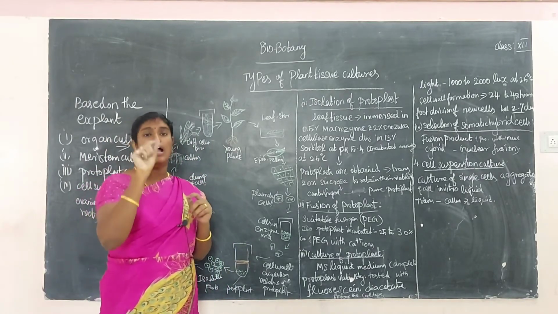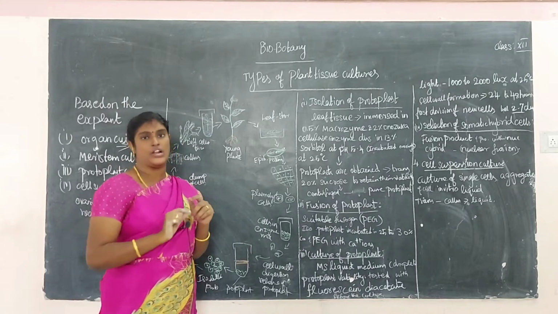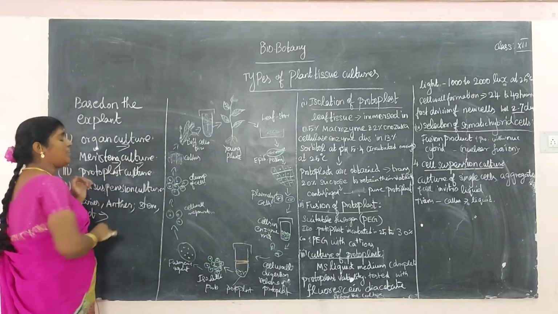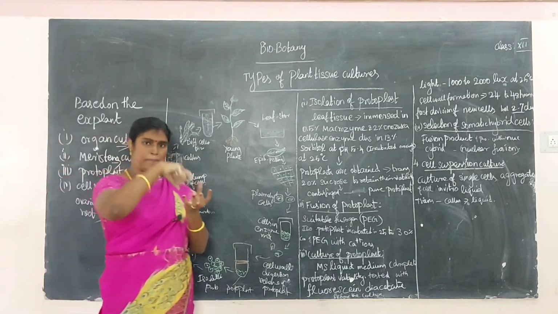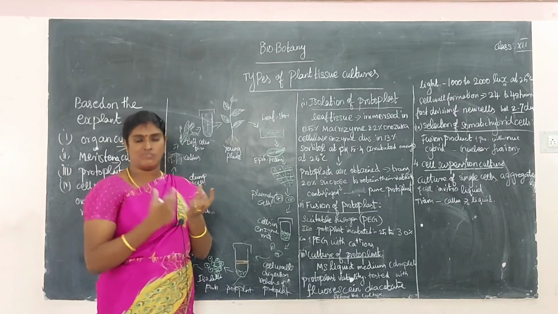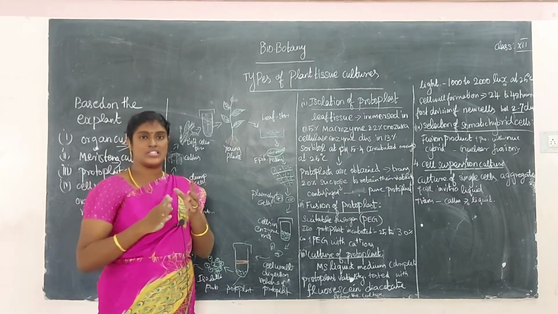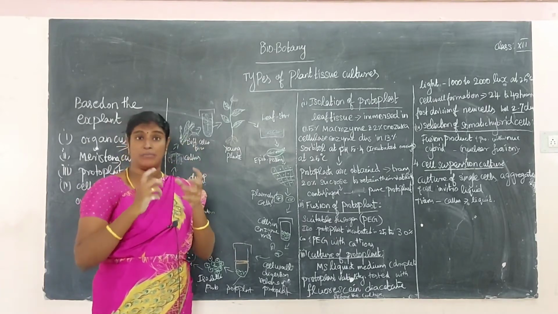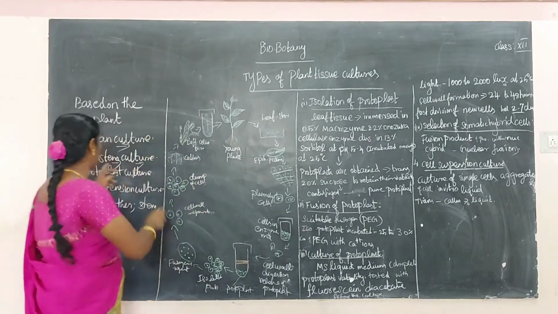So we cut the stem region and separate the meristem region, insert it, and grow it in a culture medium. First callus formation occurs, then it differentiates into other organs. The full plant is well developed from the meristematic tissue, which is called meristem culture.